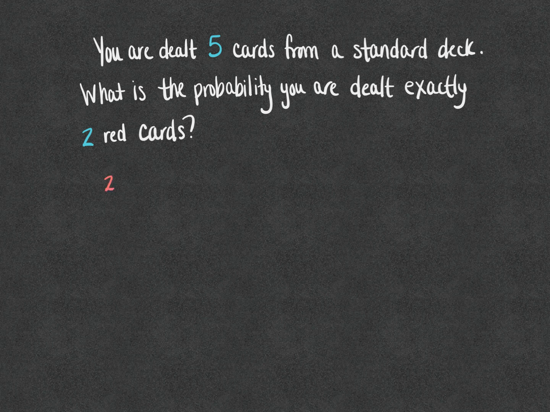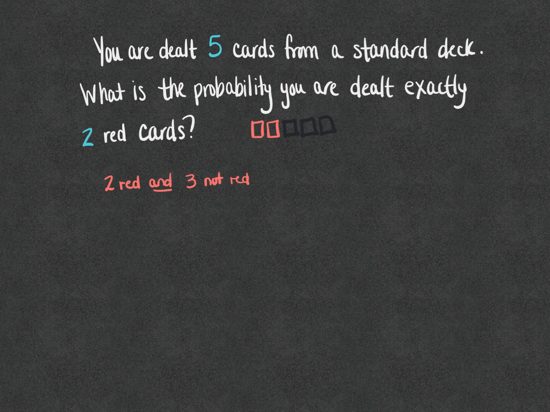What we want is we need 2 red cards and we need 3 cards that are not red cards. Or if you would like to say black cards, that works too, okay? Because we need a total of 5 cards. So again, we'll have 2 cards that are red cards, and then we'll have 3 cards that are black cards. Not really sure that black will show up super well, but I think it'll work, okay?